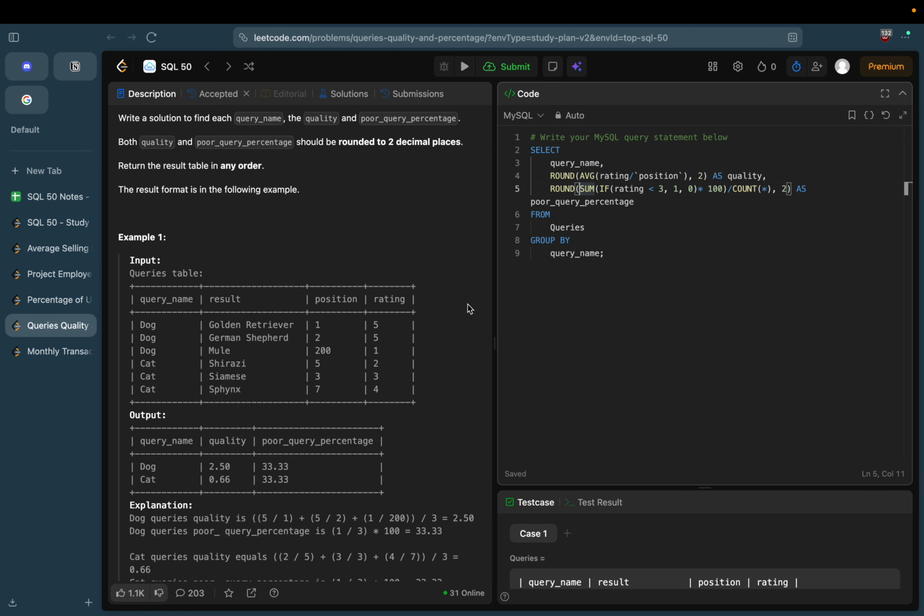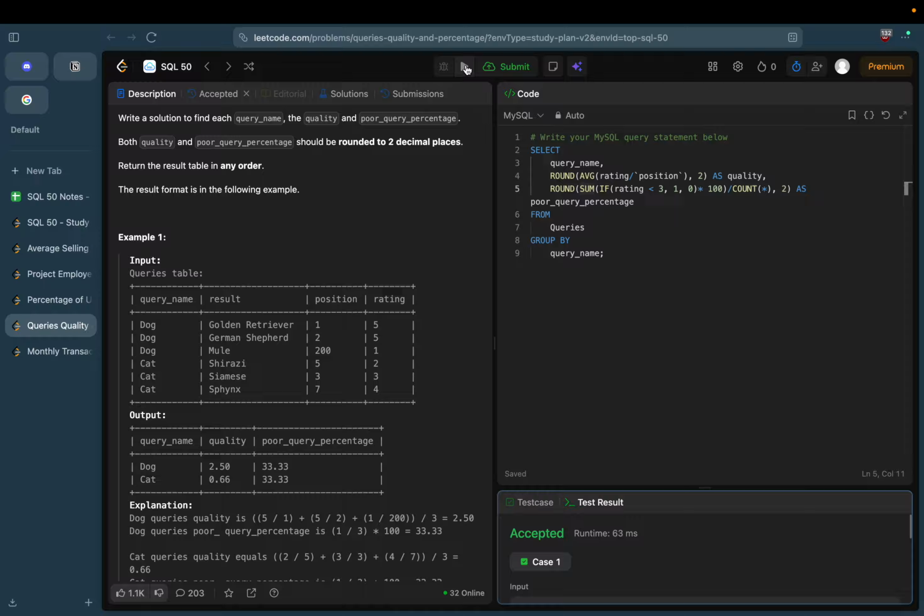Let's try this out. That's the best way to find out. Yep, submitting the code.